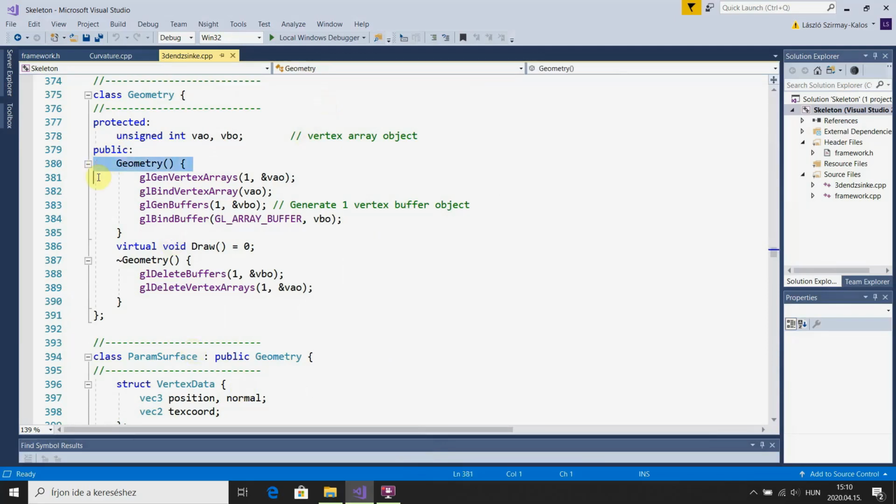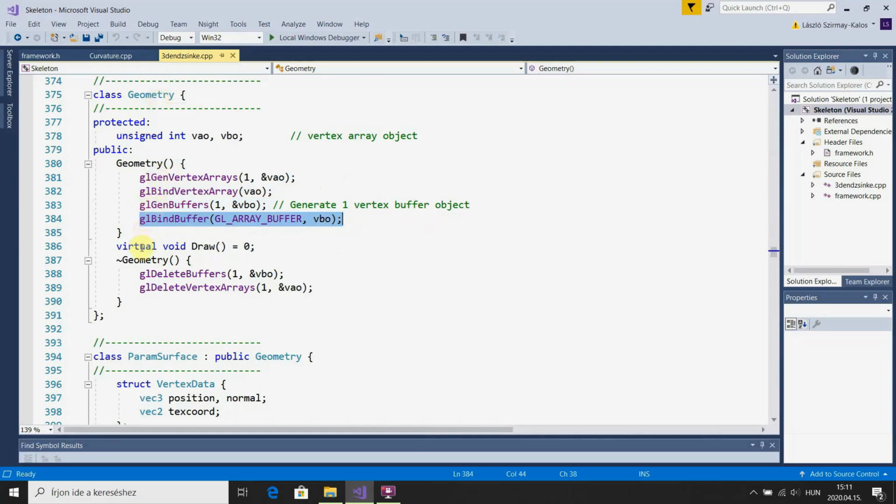So in the constructor of the geometry, a vertex array object identifier is asked, and we immediately bind this vertex array object identifier because very probably we are going to initialize it after constructing it. Inside this vertex array object, one vertex buffer object identifier is created, and we bind that vertex buffer object because, as I said, we hope that we are going to initialize it right away.